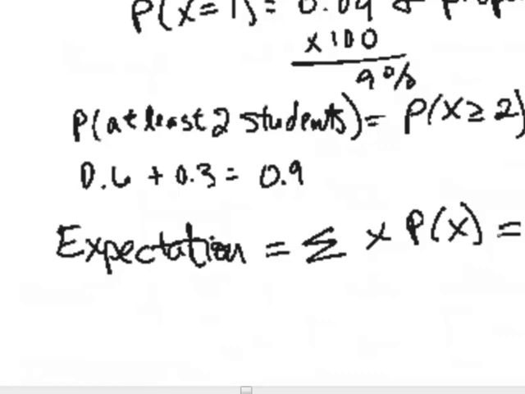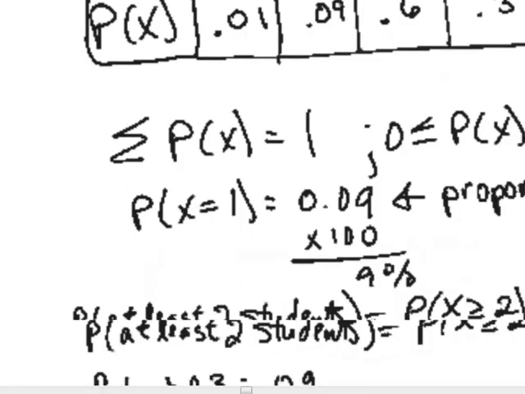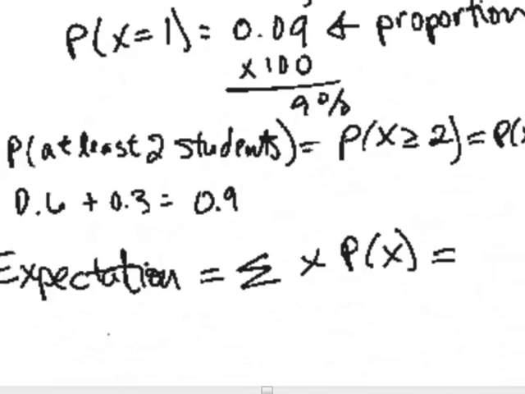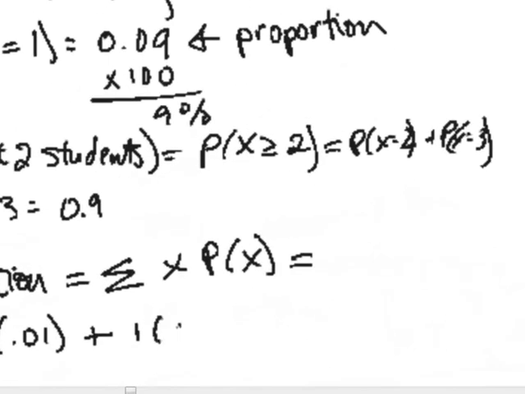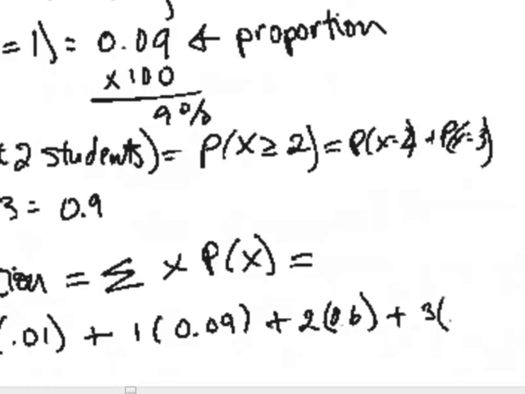So in this case it would be 0 times 0.01 plus 1 times 0.09 plus 2 times 0.06 and plus 3 times 0.3.